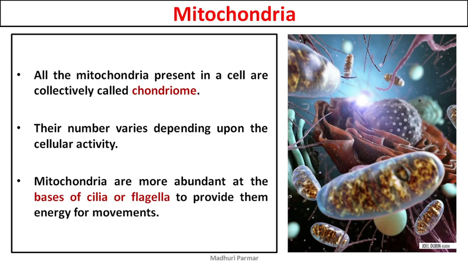Their number varies depending upon the cellular activity. If the cell is very active, you will find a lot of mitochondria. If the cell does not perform a lot of functions, you will find fewer mitochondria.